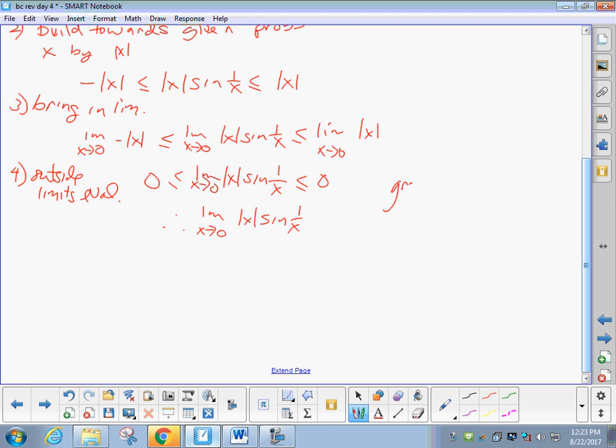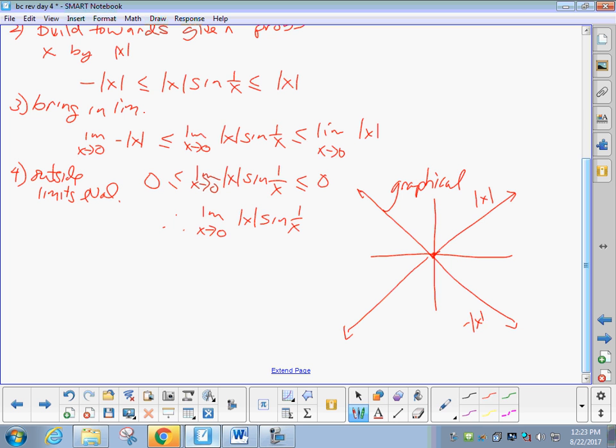Graphically, what happened there is I'm sure this function did some crazy oscillation, but I know that the function was between positive absolute value of x and negative absolute value of x, which is just the flipped down version. I should have done that in some other color so it doesn't look like one function.